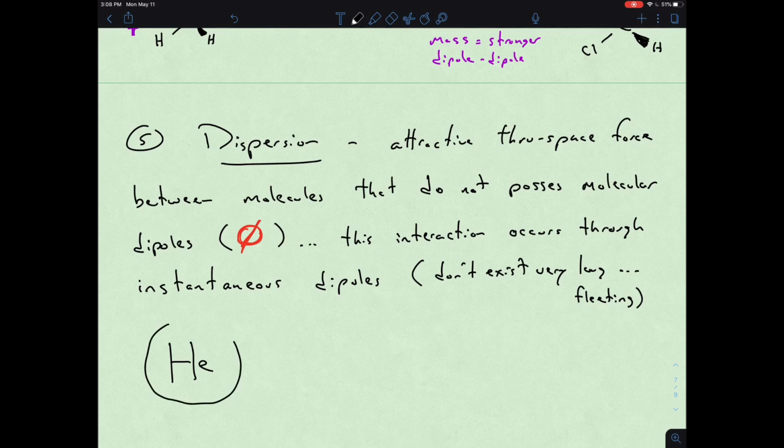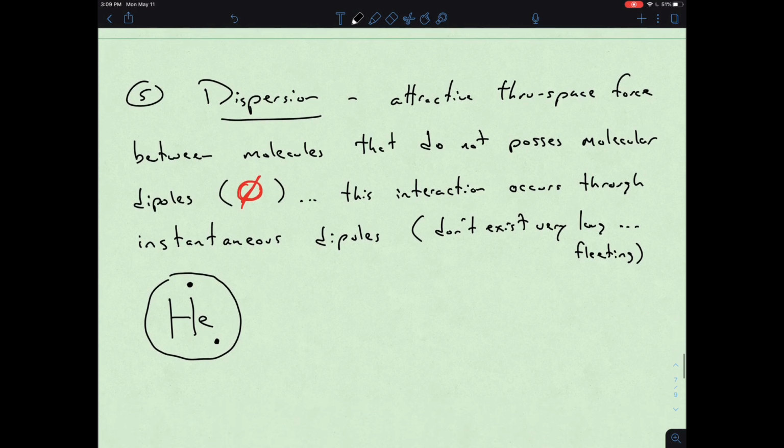where we have helium with its 1s, and we have two electrons, right, somewhere in that 1s, and now we're showing how it's interacting with other helium atoms.